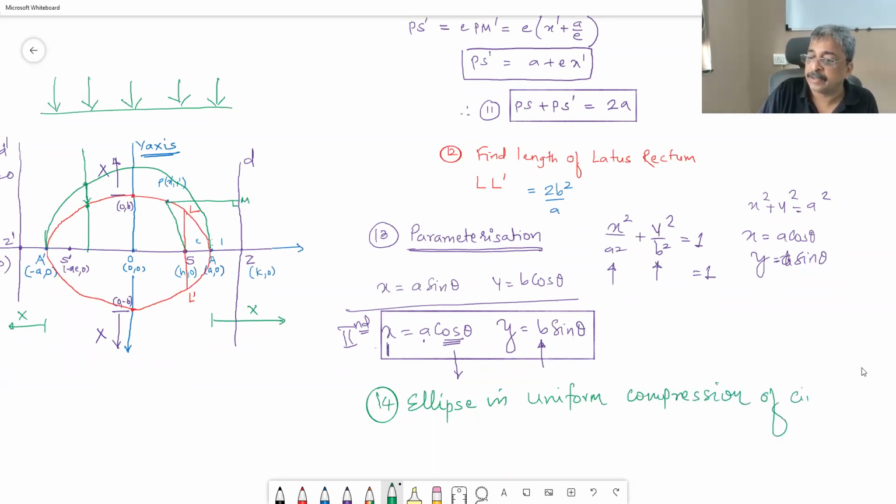of circle in the ratio b upon a in the direction of y-axis, I will say.